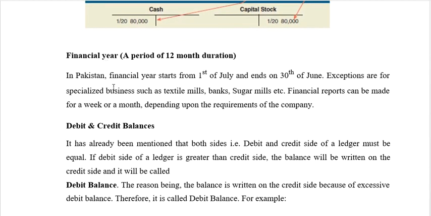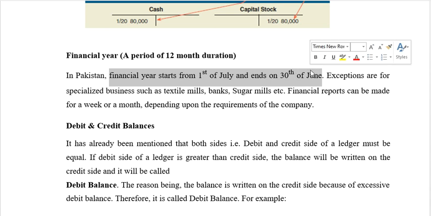In Pakistan the financial year starts from the 1st of July and ends on the 30th of June. Exceptions are specialized businesses like textile mills, the banking sector, sugar mills and telecommunication. The government also makes its budget, and the government budget is always announced in the June-July month.